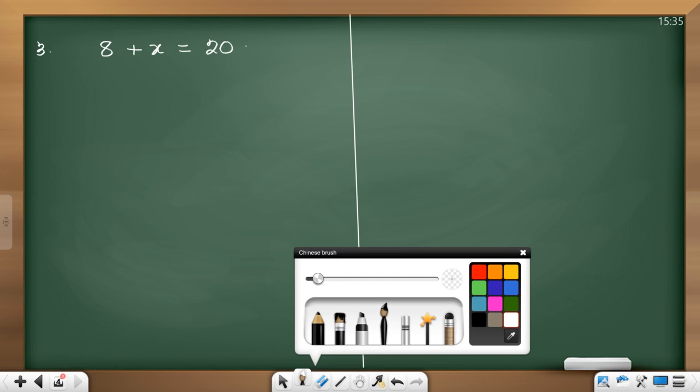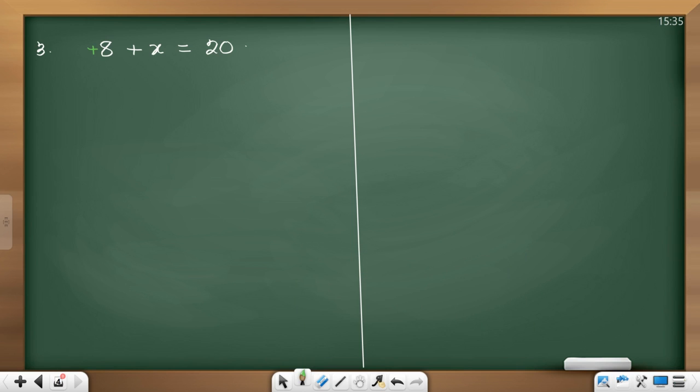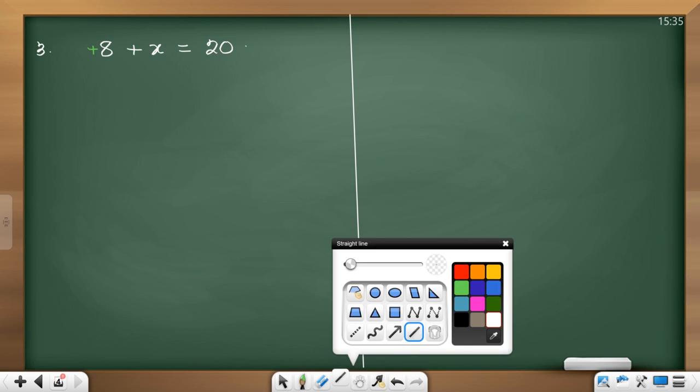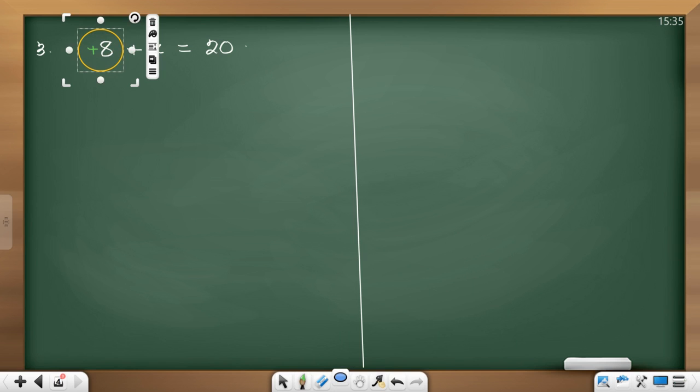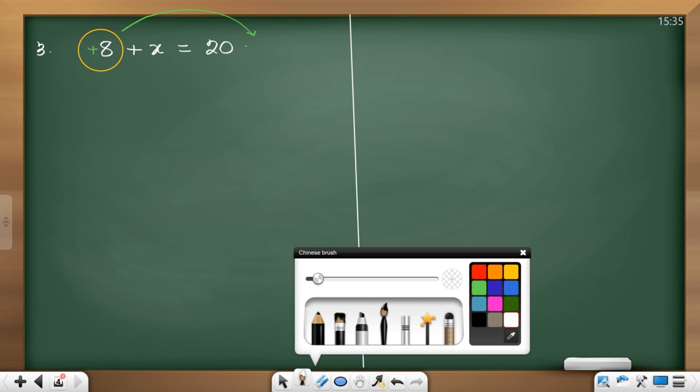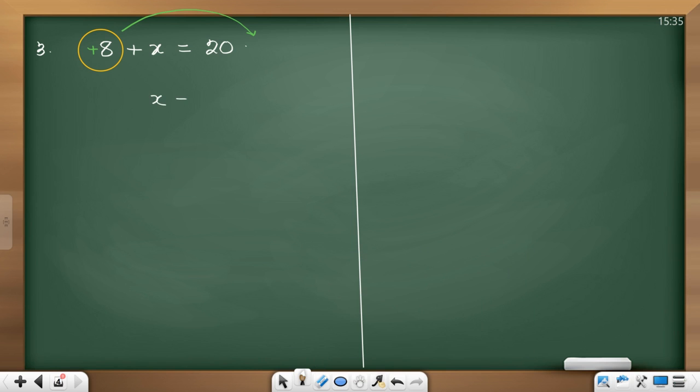But the question I'm going to ask is, what is the sign in front of the 8? It's a positive sign. No one is going to tell you that. We must know that. So we move that away over to the other side. And once it crosses the equal sign, what happens? It is reversed. So what do we have? 20 minus 8. And what is that? 20 minus 8 would give us what? 12.